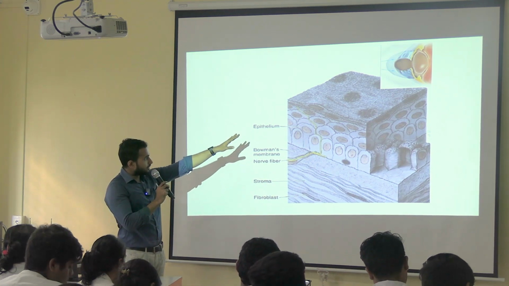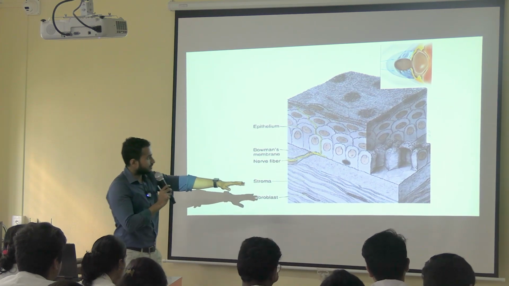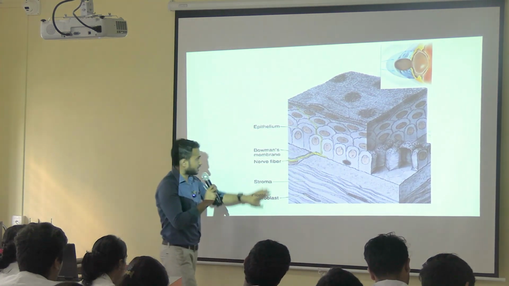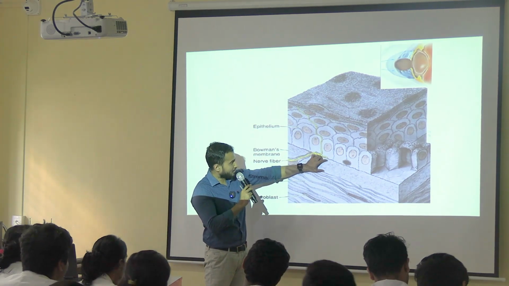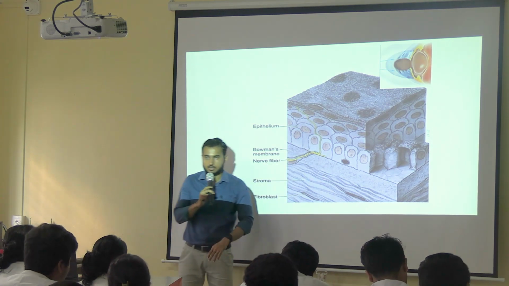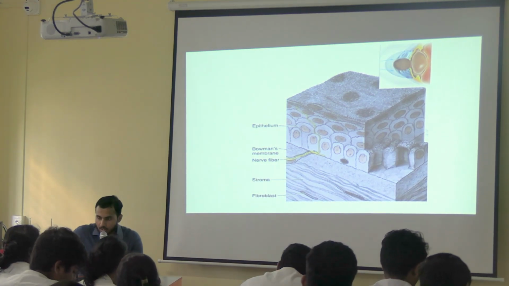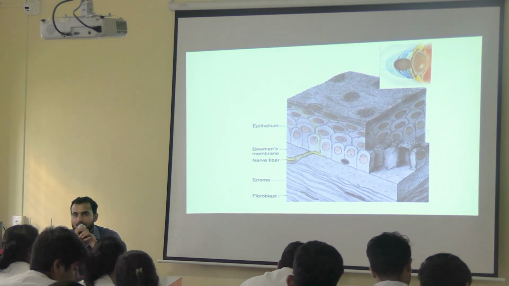Next, the lining epithelium, where it is lying. So this is the epithelium where it is lying. The layer which is present, that is called Bowman's membrane. So this is the layer, or you can say the basement membrane, where the epithelium is lying. Okay. Now what is present in the Bowman's membrane? The Bowman's membrane is a homogeneous layer.